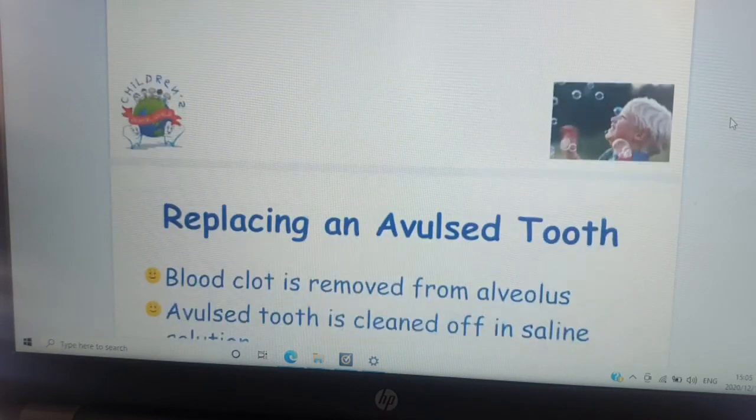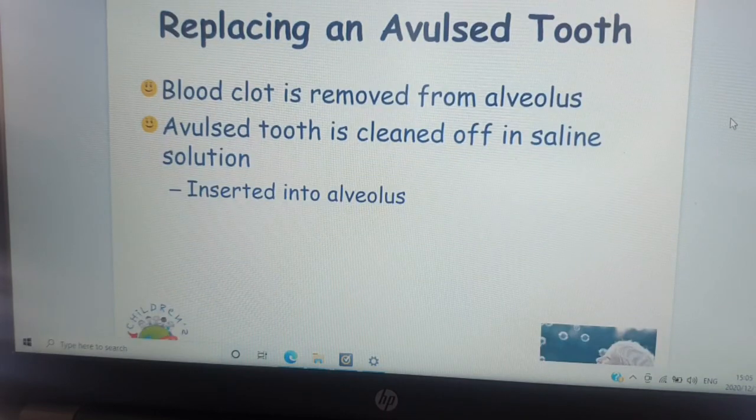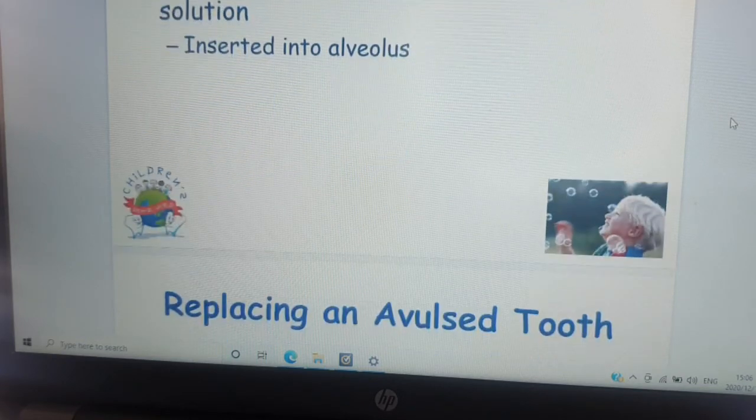X-rays are then taken, and then the blood clot is removed from the alveolus, because from the point of the injury or accident to arrival at the dental practice, a blood clot would have obviously formed to allow healing. We do not want healing at that particular time because we need to insert the tooth back into its anatomically correct position first. Then the avulsed tooth is cleaned off in saline solution. You will have to do this at the practice. And then we insert the tooth back into the alveolus.